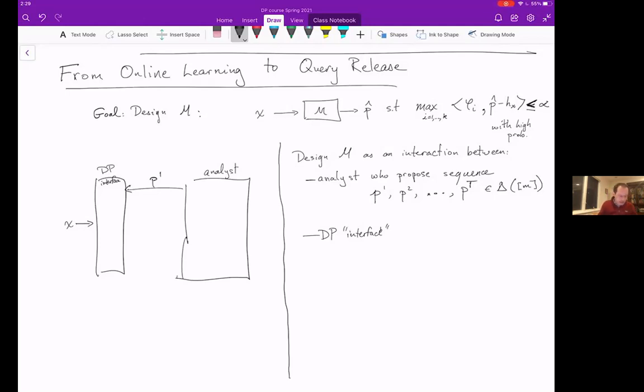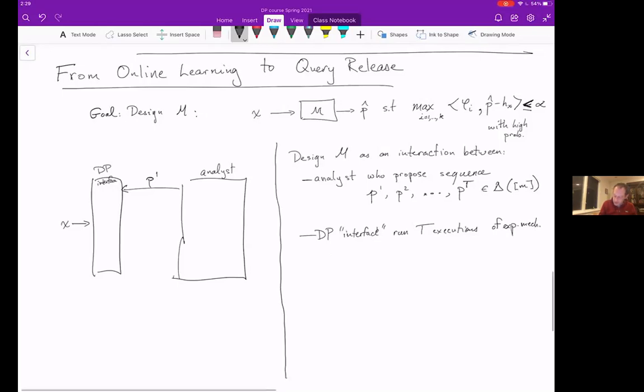So the interface is actually going to run T executions of the exponential mechanism, so it will actually be differentially private. We're going to call the internal algorithm it runs M naught. Its goal is to find a bad query.